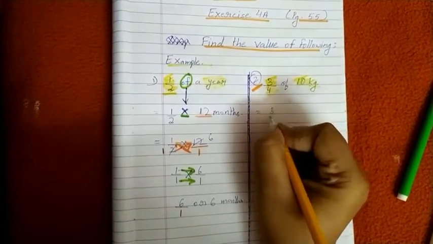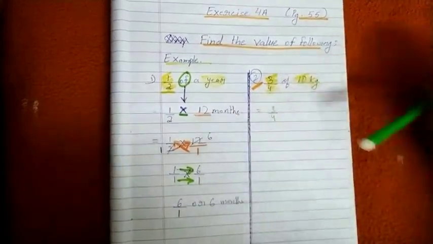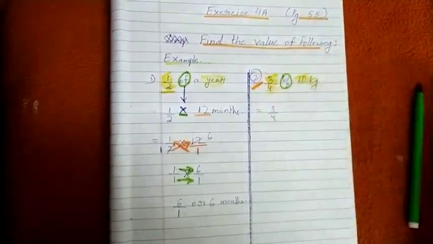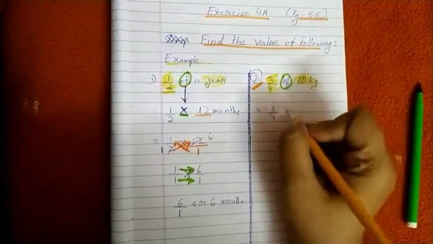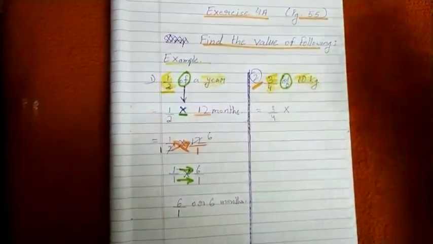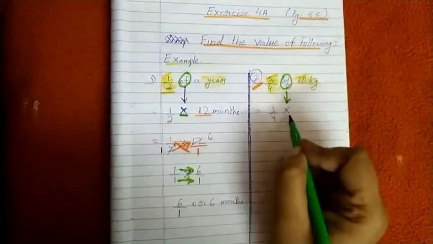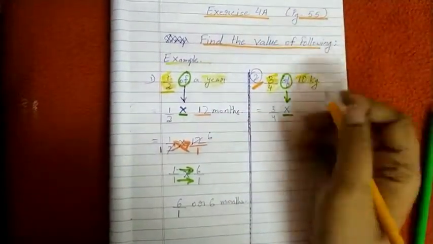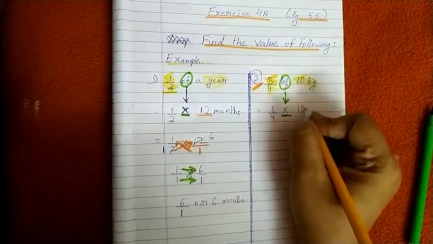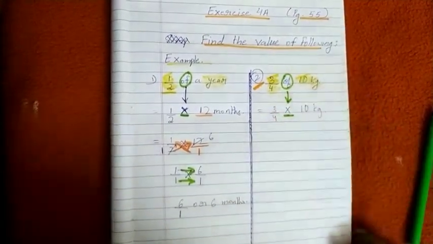I'll copy 3/4 as it is. And this "of" means what, children? This "of" means multiplication. Yes? And then 10 kg I'll copy like this only. Clear?